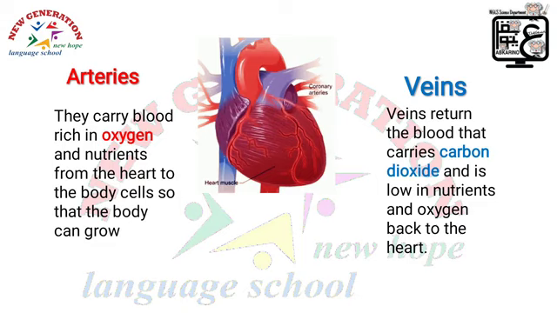Veins return the blood that carries carbon dioxide and is low in nutrients and oxygen back to the heart. So, arteries take the blood from the heart to all body parts, but veins take the blood from all body parts that have carbon dioxide to the heart.